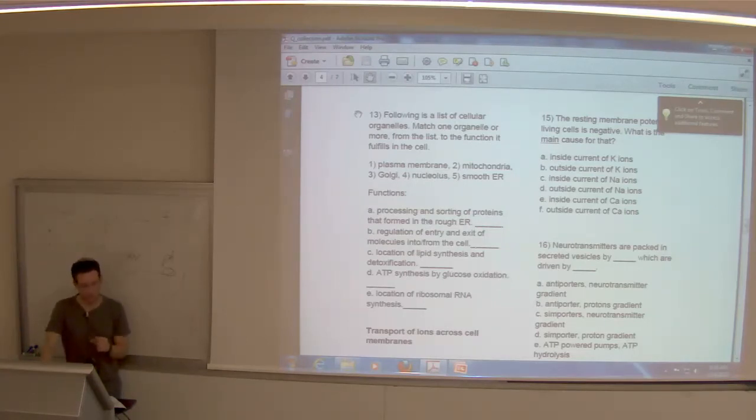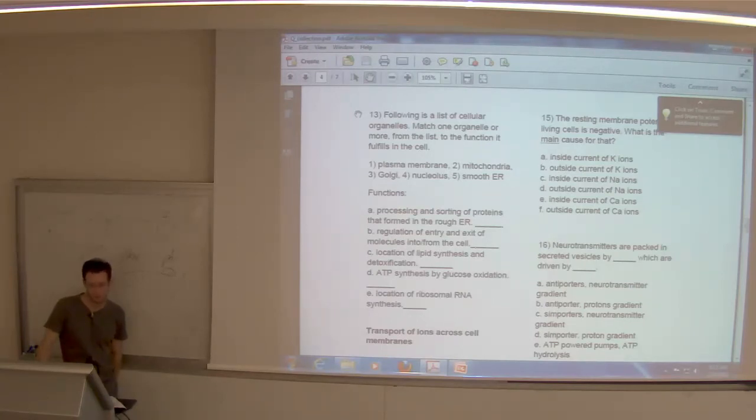So C is only 5. It's written in the slide even. Okay, D, ATP synthesis by glucose oxidation: 2, mitochondria. And last one, location of ribosomal RNA synthesis: the nucleolus, inside the nucleus.